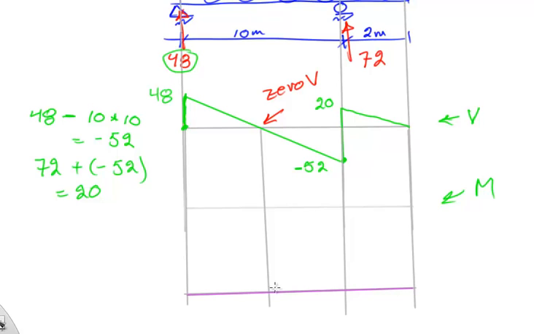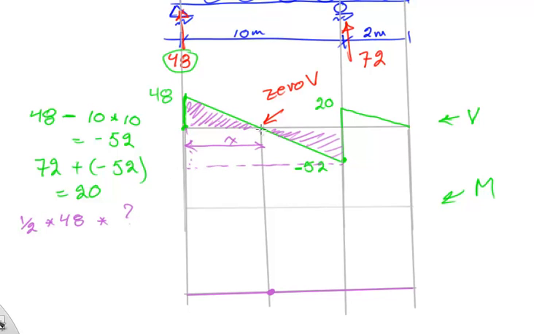Okay, so what is the value here? Basically the value of this moment is the area under this curve, and the area under this curve is 1/2 multiplied by 48 multiplied by, oh okay, now I got stuck because I don't know this distance x, so I need to find this distance x, and the easy way to find it is doing the similar triangles, and the similar triangles are this part and that one, and the easy way to visualize it is by doing this.